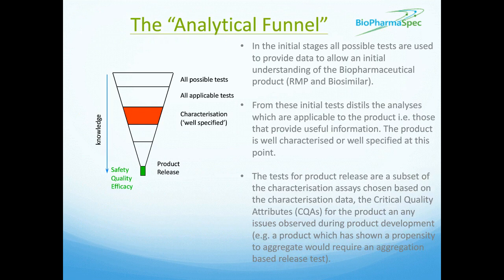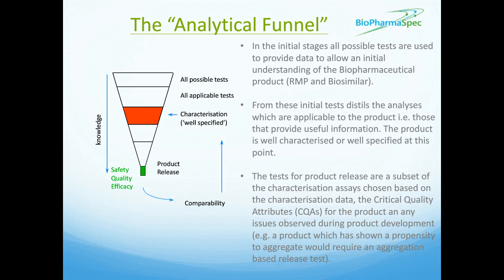And this all very well fits in with the idea of what we call the analytical funnel and the philosophy involved, where you're looking at comparability. So at the very top, you have the option of all the possible tests, and then you go slowly down and you whittle that down to, instead of all the tests that you can do, all the applicable tests that give good data.